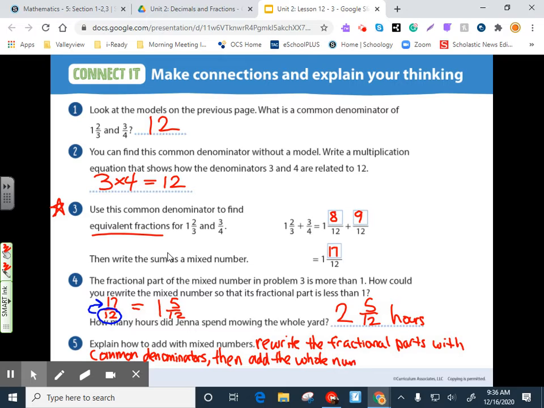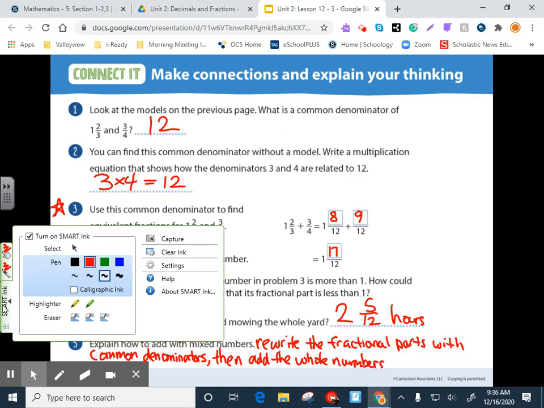In most cases, you'll just have one mixed number. Sometimes both will have mixed numbers. For today's example, we just had the one mixed number, but we created an additional mixed number by adding up both of the fractional parts. So that will happen. It just depends on the situation and the numbers involved.